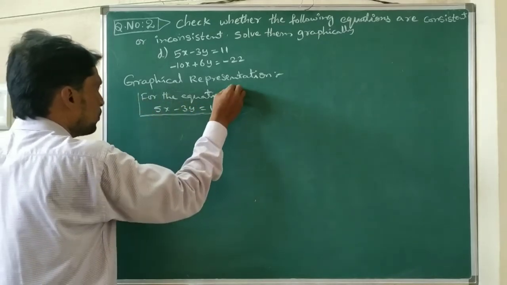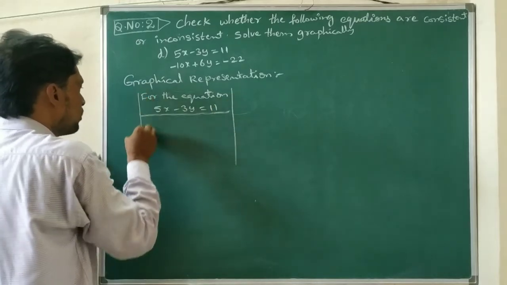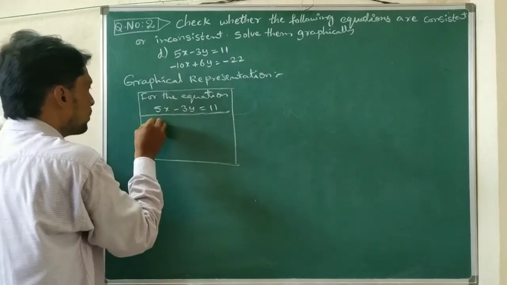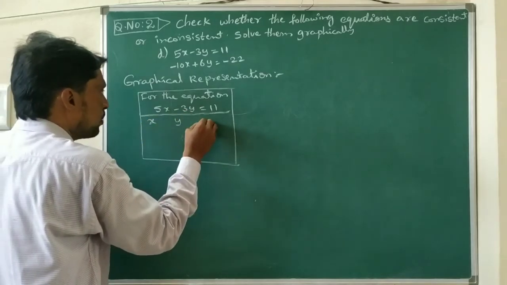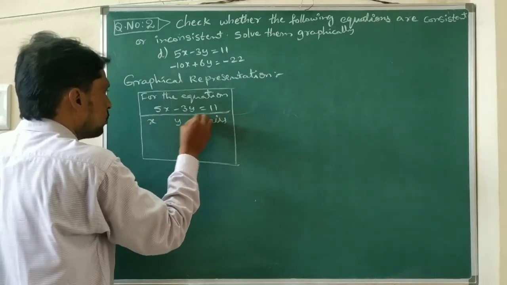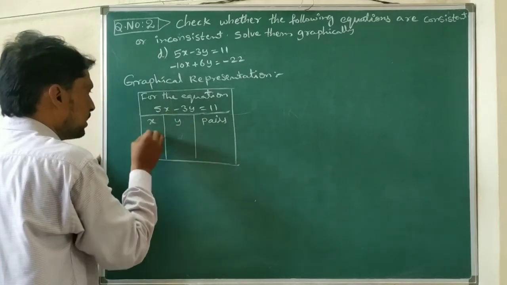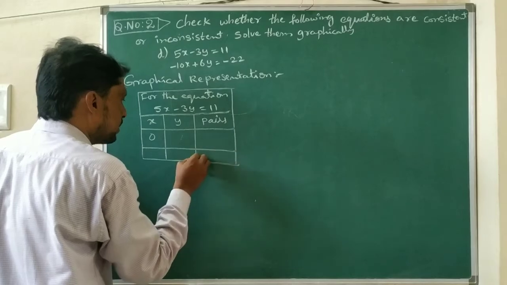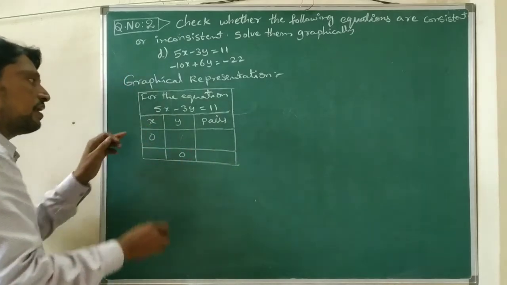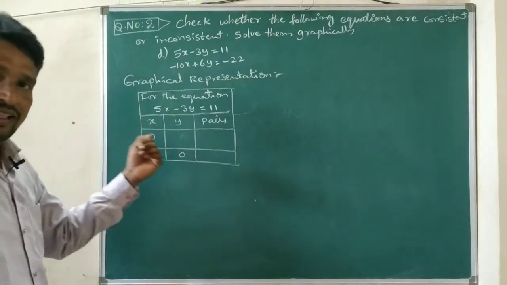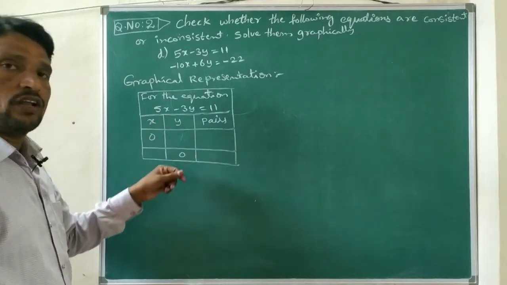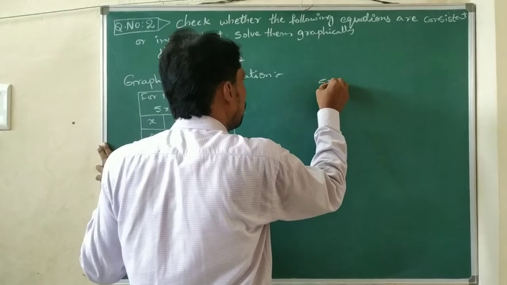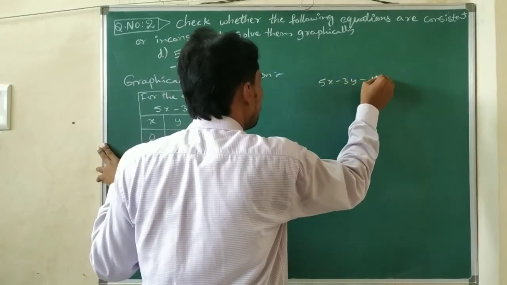For this we need to make a table of x values, y values and pairs. First you can take the x value as 0, then next the y value as 0. So first take the equation 5x minus 3y equal to 11.